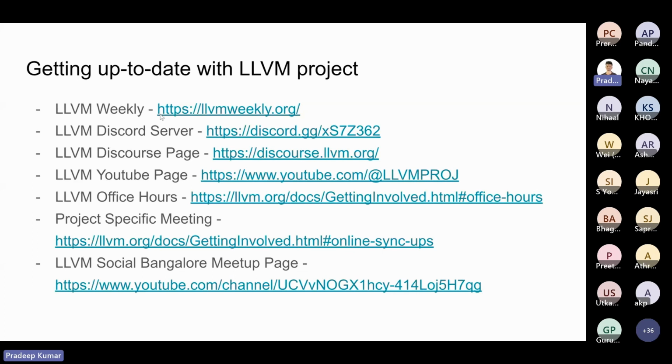And there are project specific meetings. There are sync ups for RISC-V, MLIR, Flang, and various other projects. They have weekly sync up meetings where they present on what they're working on and upcoming tasks. You can just join them.